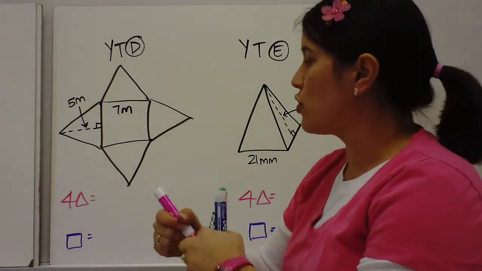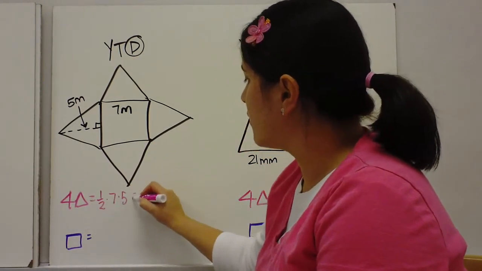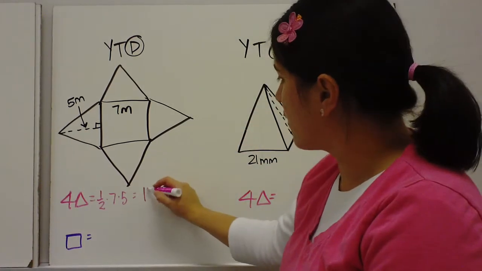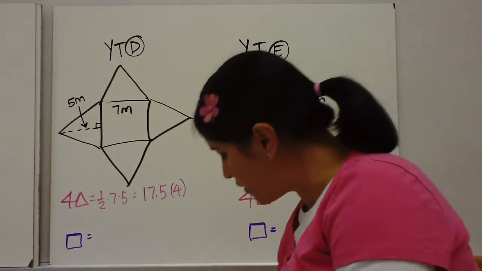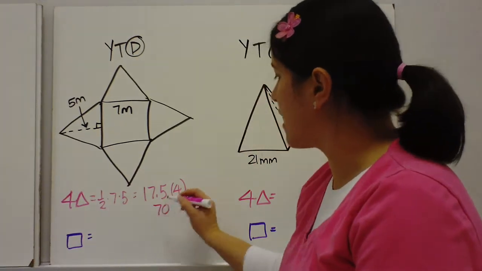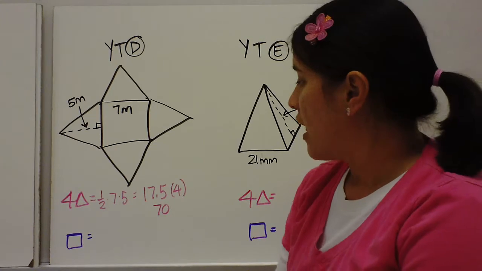All right, so over here, the 4 triangles will be 1/2 times 7 times 5, which is 17.5. But remember, we want to multiply it by 4, which gives us 70. Hopefully you got 70 for your 4 triangles.